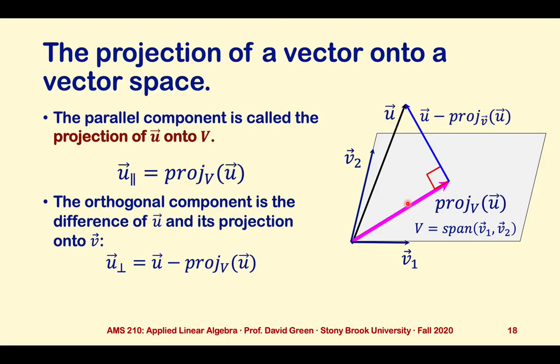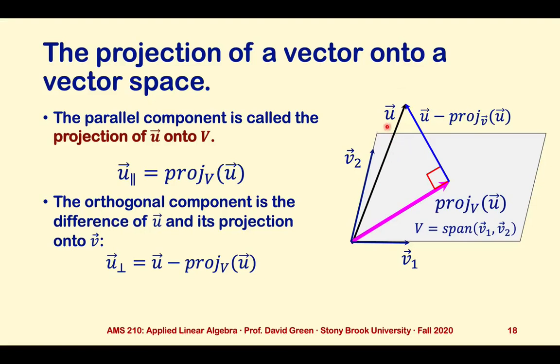We are going to give the same meaning to the concept of a projection. The projection of a vector U onto a vector space V is simply this parallel component in a decomposition into a parallel and orthogonal component.